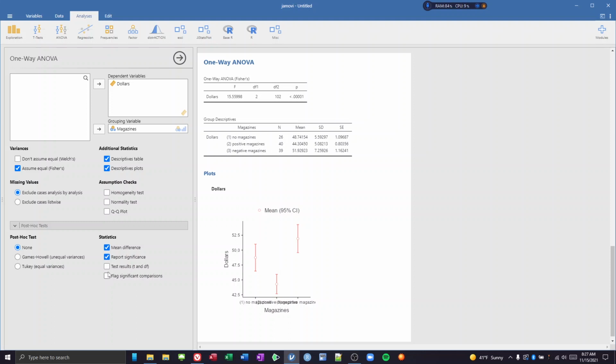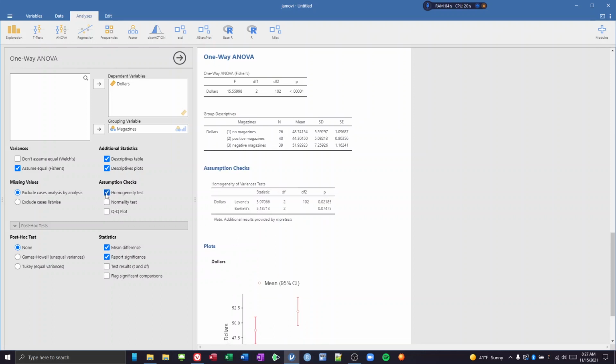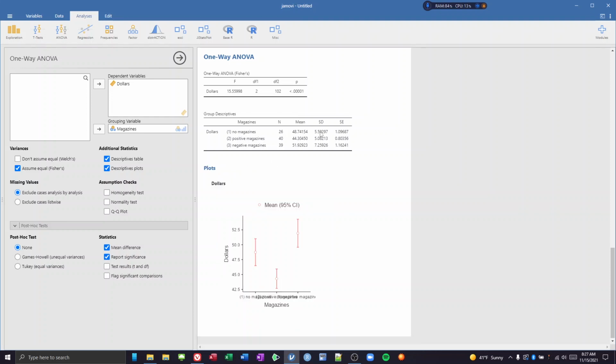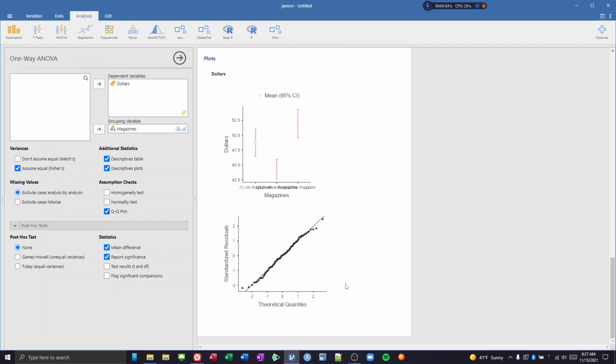That's nice. We could also look at our homogeneity test. These are tests you could look at instead of the check that we did with the standard deviations. We could also click on the QQ plot, and this reproduces that QQ plot that we looked at before.